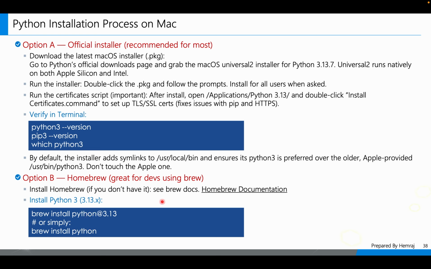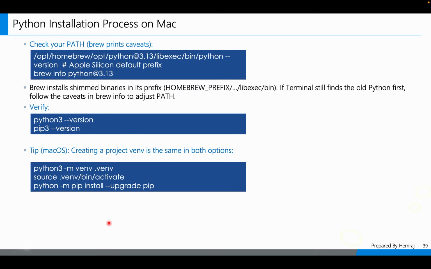3.13 is the latest version of Python. So this will install Python on your system, or you can simply run brew install python. Python will be installed on your system with just one single command, right? On macOS systems. Check the path with brew info python@3.13.